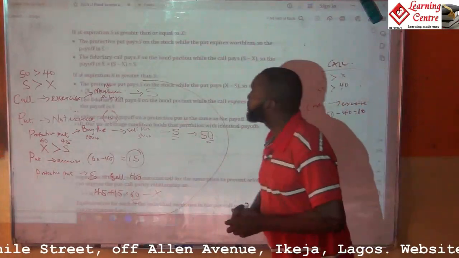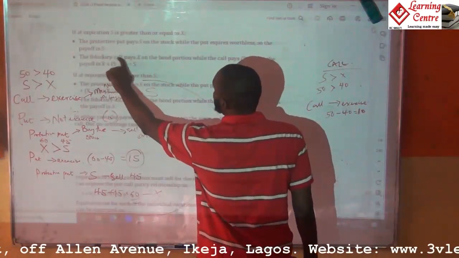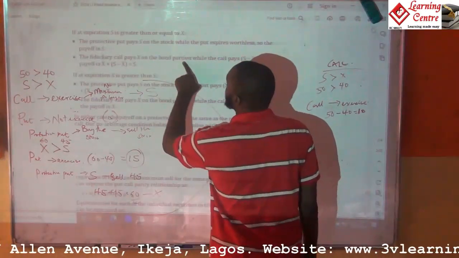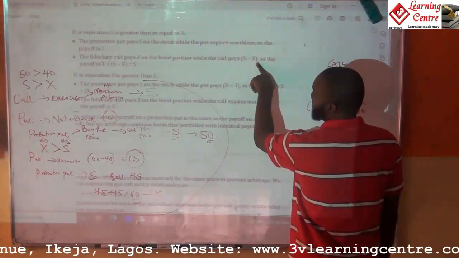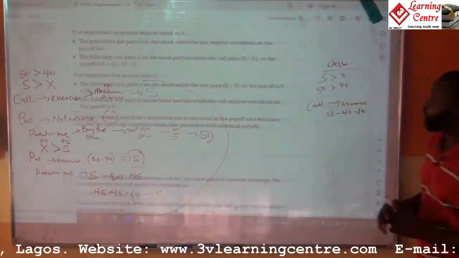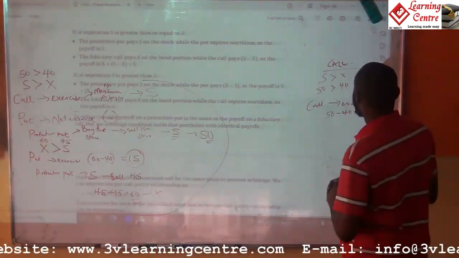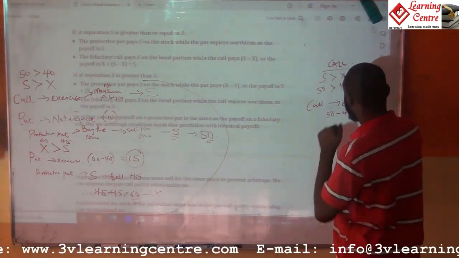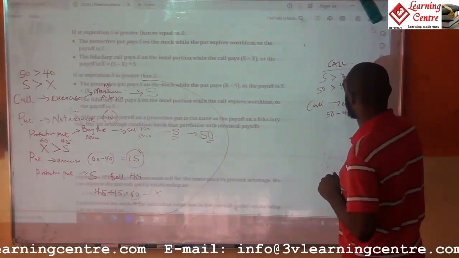Now, for the fiduciary call, it pays X on the bond portion, while the call pays S minus X. So the payoff is the same concept at the end of the day. I've already bought the bond, which now gives me the 40.